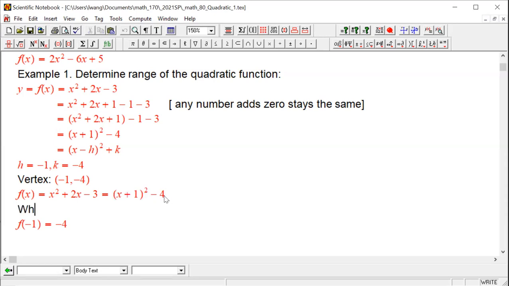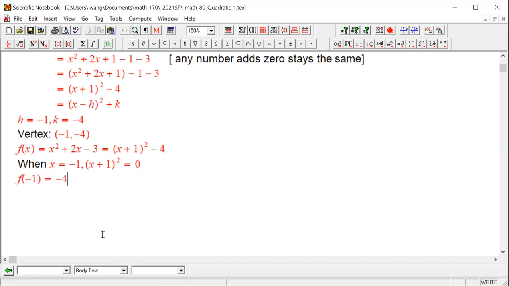Notice when x equals -1, (x + 1) squared is 0. So from this form, we can determine that the lowest point is (-1, -4). This is the vertex. The vertex is the lowest point of this parabola.